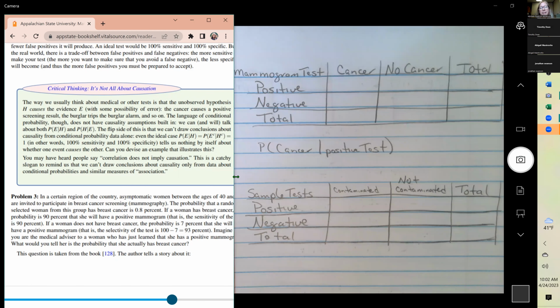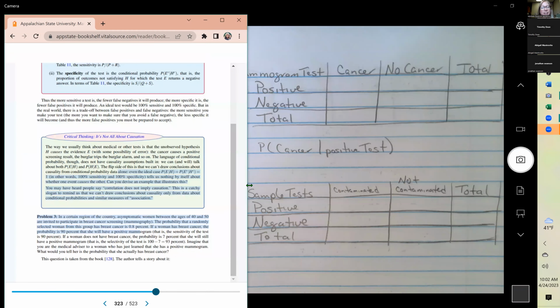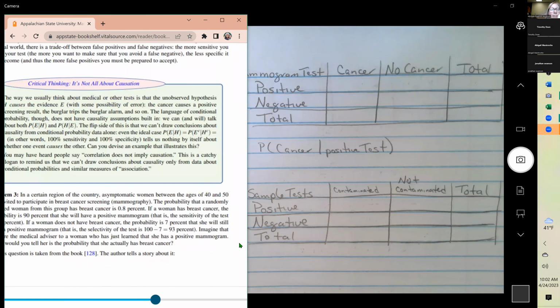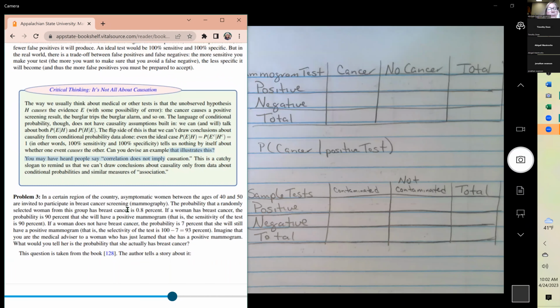In a certain region of the country, asymptomatic women between the ages of 40 and 50 are invited to participate in breast cancer screening, mammography. The probability that a randomly selected woman from this group has breast cancer is 0.8%.